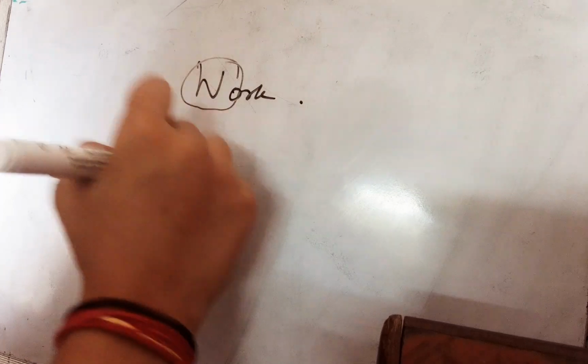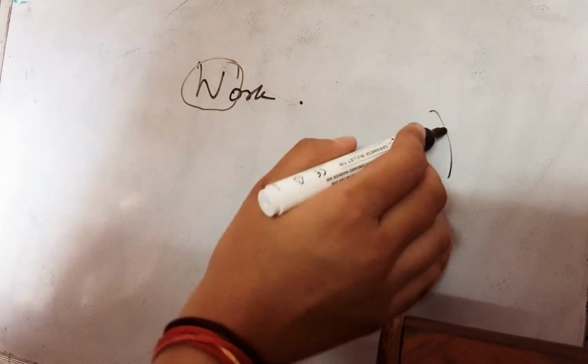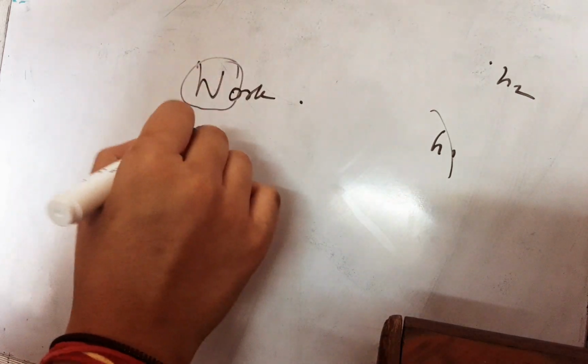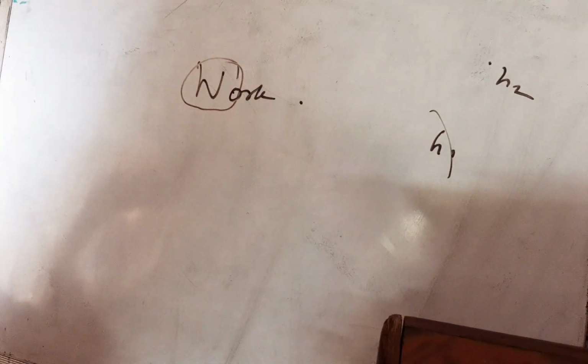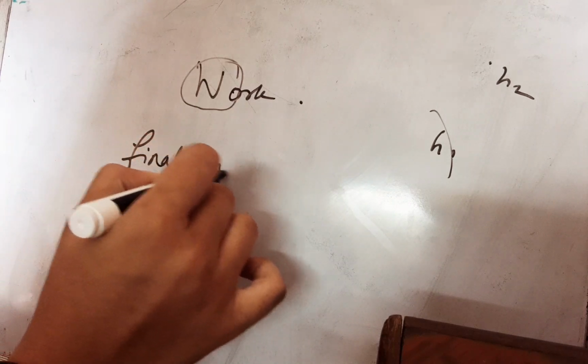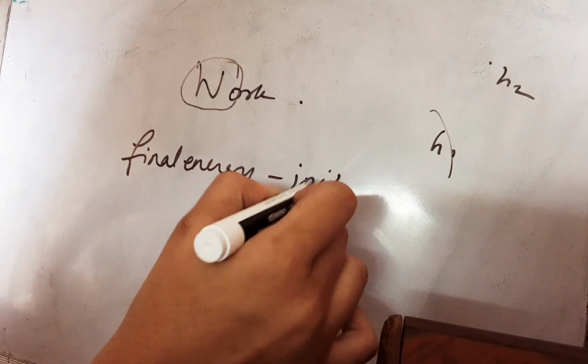Everything I told you. Anything else? One more thing, work done. Sometimes work done questions are asked. Suppose it is at a height h1, then at height h2, what is the work done? You just need to find the difference, final energy minus initial energy.